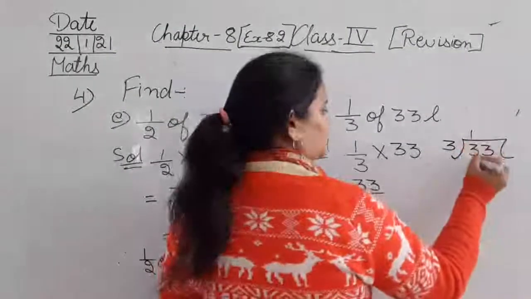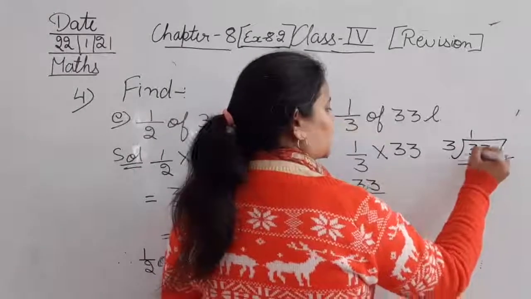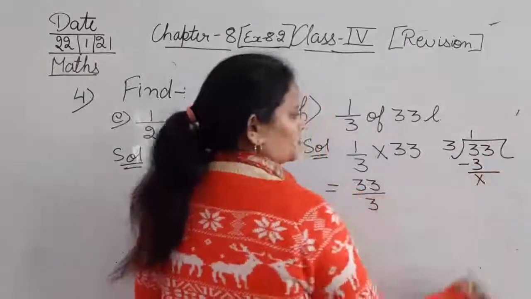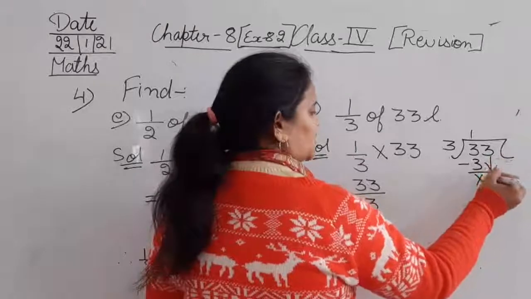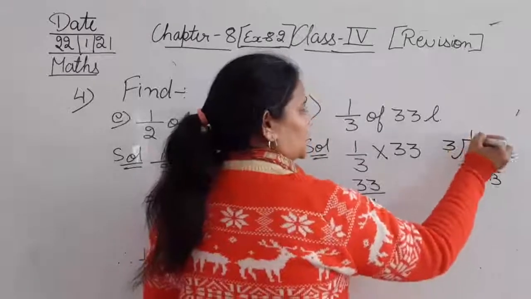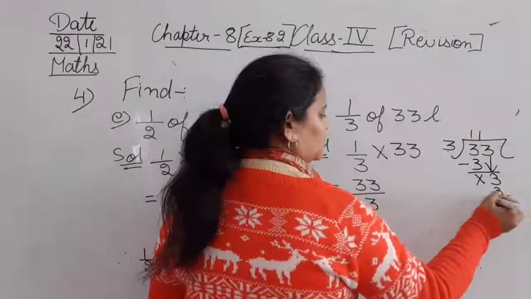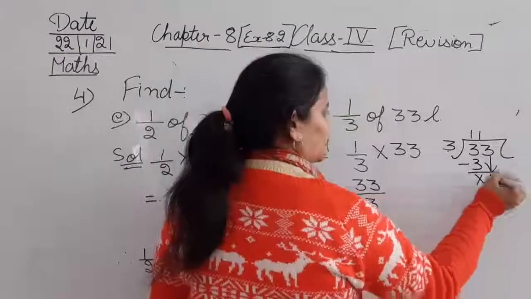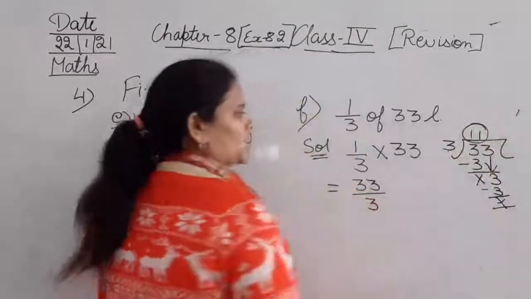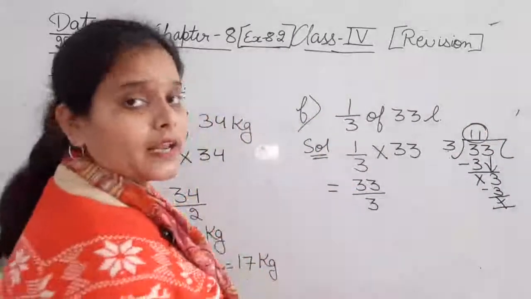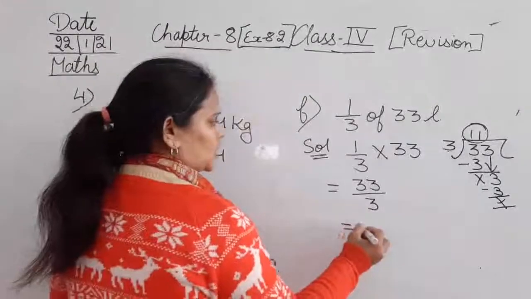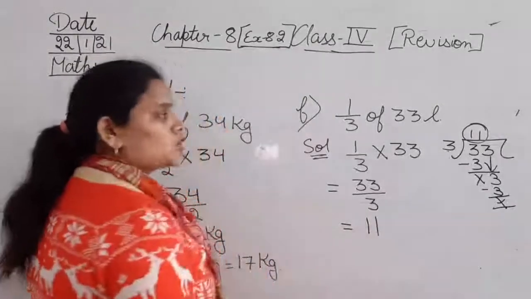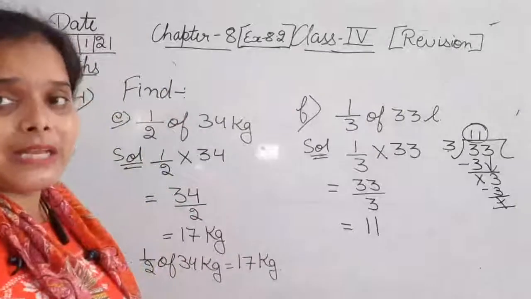3 ones are 3. 3 minus 3, nothing will be left. Bring down the next digit, that is 3 again. 3 ones are 3, nothing will be left again. So the answer that we got after the division is 11. Okay. So will we write only 11? क्या हम अकेला 11 लिखेंगे?